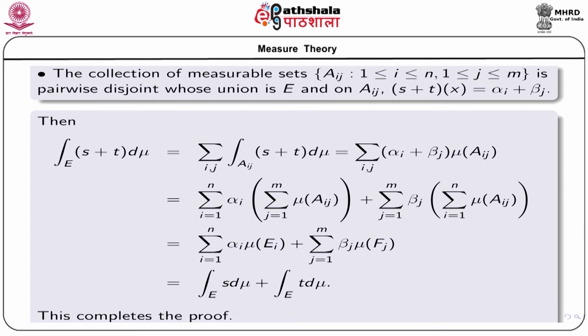So, the first term becomes the sum from i equals 1 to n of alpha i mu E i, and with the same reasoning the second term becomes the sum from j equals 1 to m of beta j mu F j. And we know that the first term stands for the integral of S d mu over E, and the second term stands for the integral of T over E, and this completes the proof.